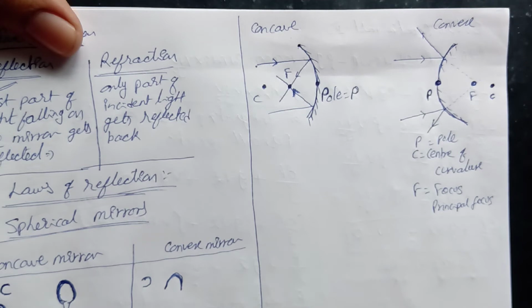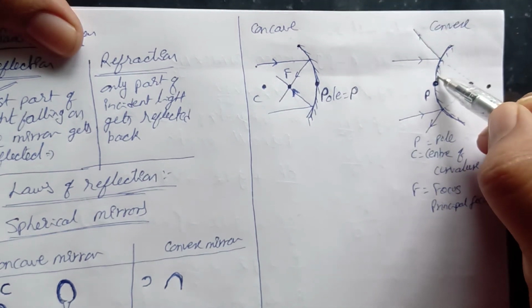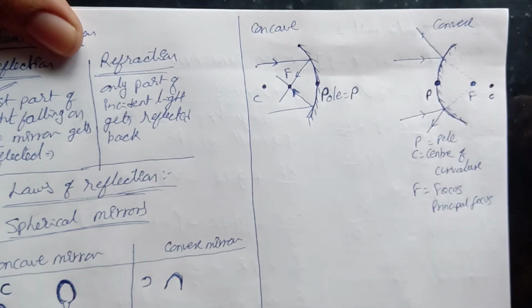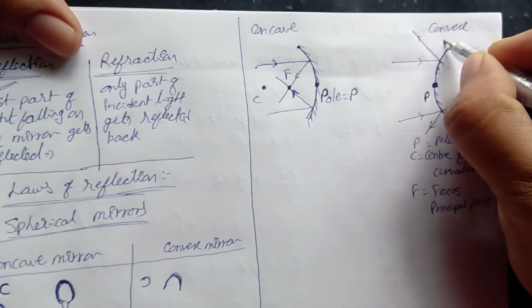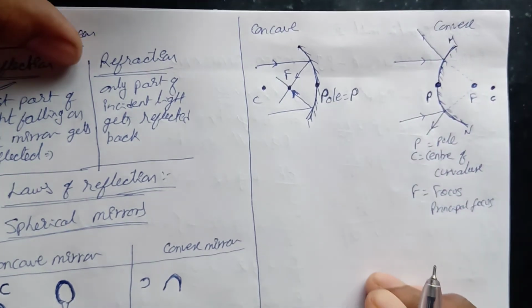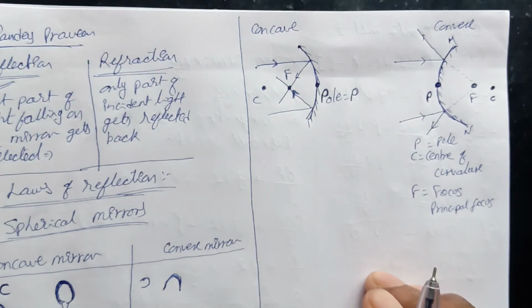Now, since they form a sphere, they have some diameter and some radius, which is R. But in this we shall consider only such spherical mirrors whose aperture is much smaller than the radius of curvature.